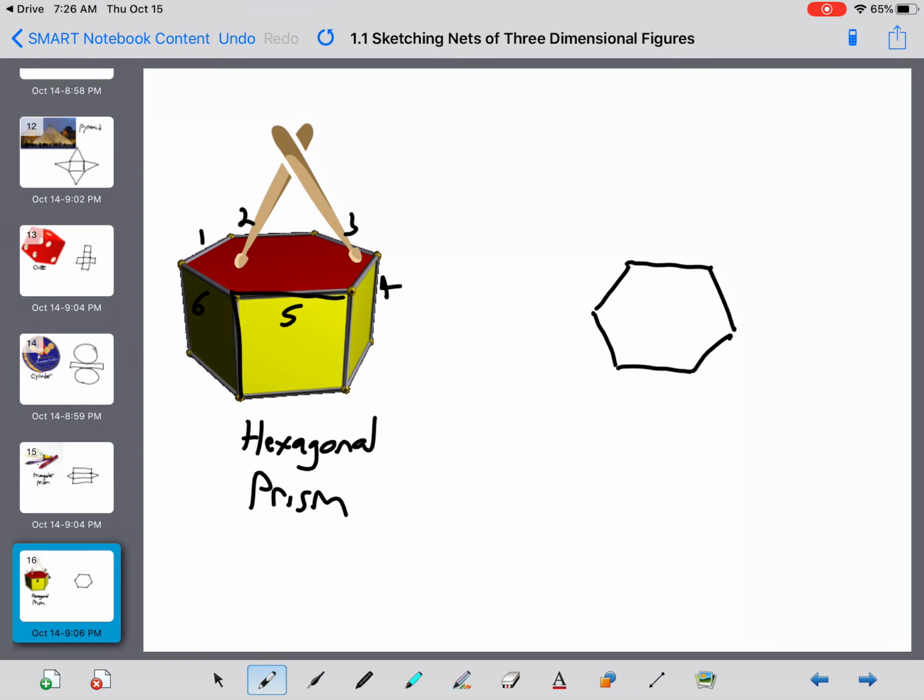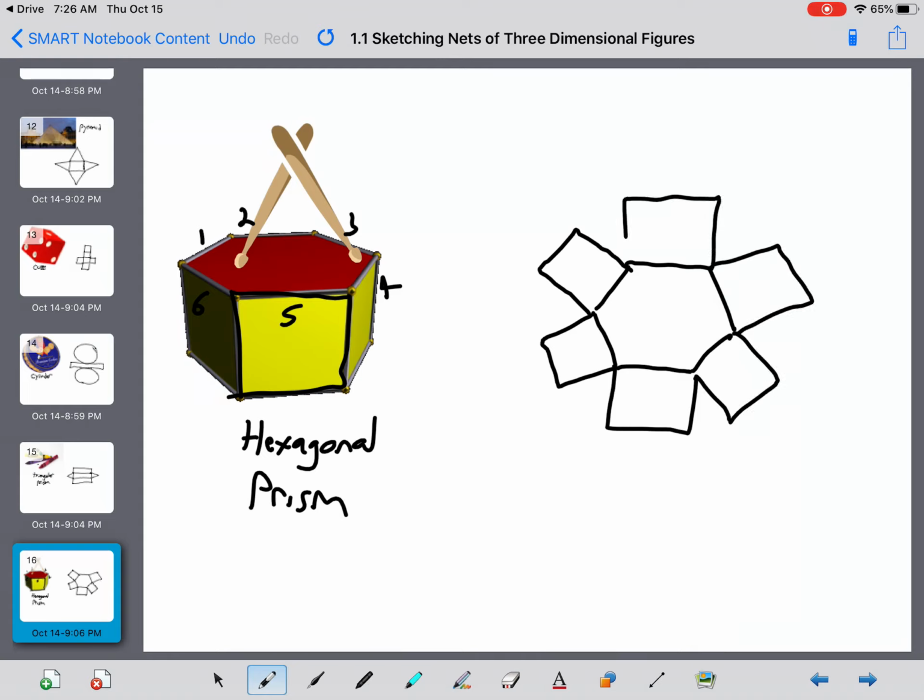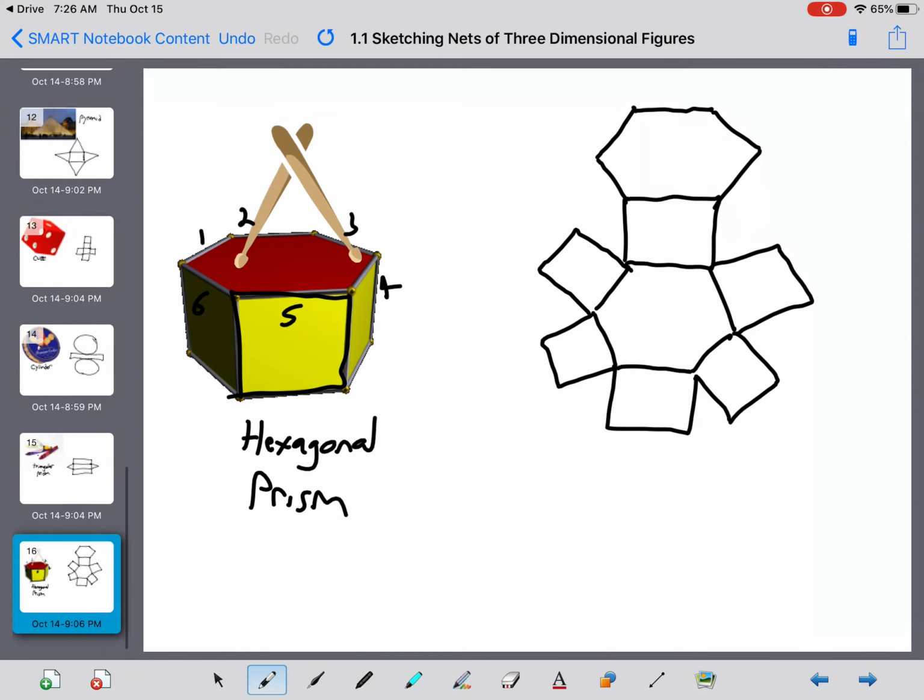All of the sides that we noted before are rectangles. These ones are a little more squarish in this case. And again, you have to throw another hexagon in there. And there's your hexagonal prism.